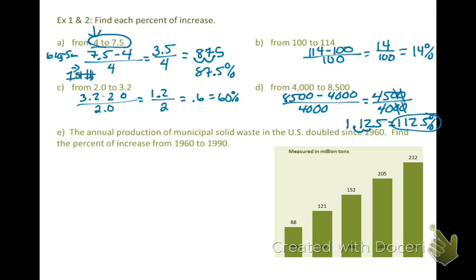Okay. E, the annual production of municipal solid waste in the United States doubled since 1960. Find the percent of increase from 1960 to 1990.